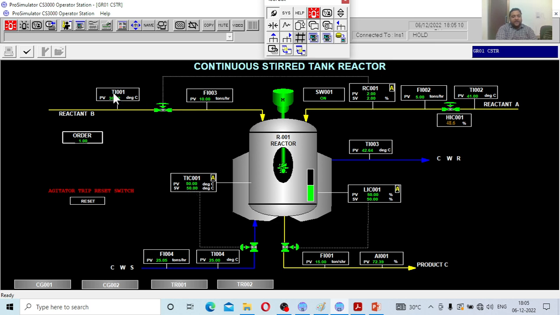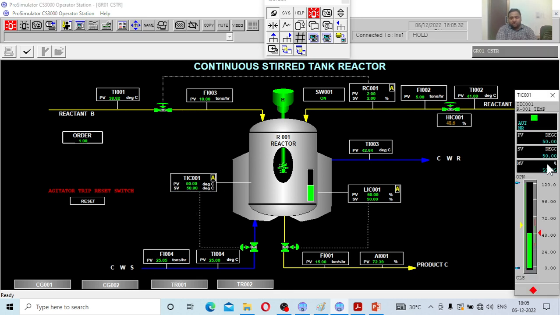The entering temperature is 38.82 degrees centigrade, and because of the exothermic reaction, the temperature inside the vessel is 50 degrees centigrade. If you click this controller, the set value is 50 degrees centigrade. To maintain this, the valve has to open around 52.25%.